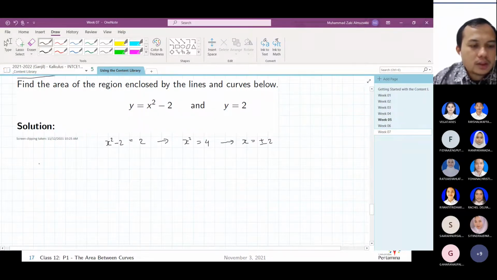And we know that if x is between minus 2 and 2, then 2 is always greater than or equal to x squared minus 2.